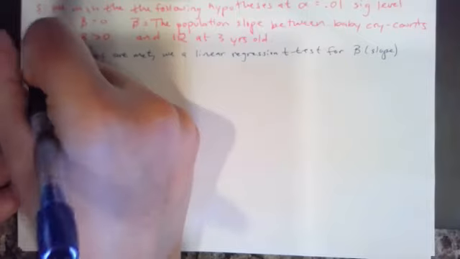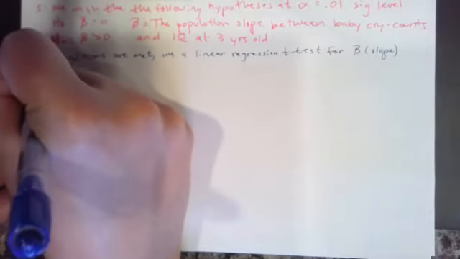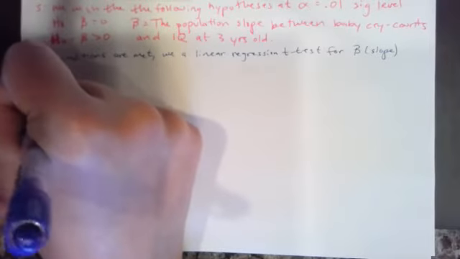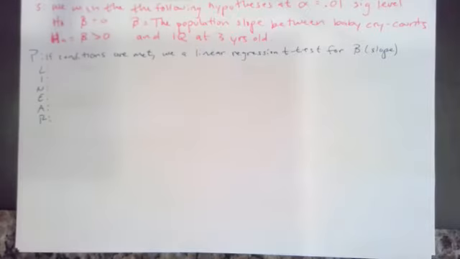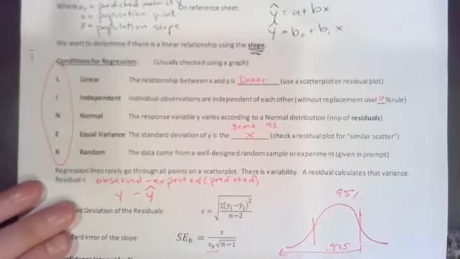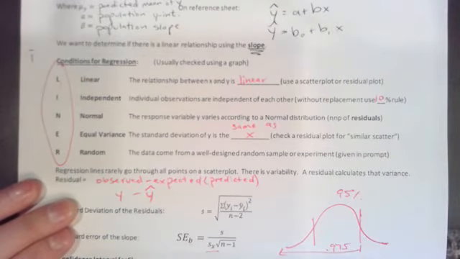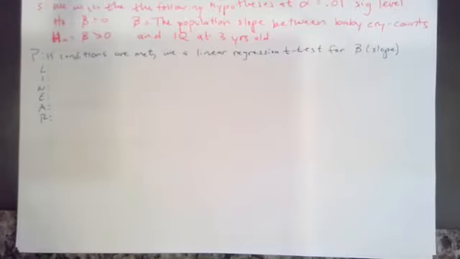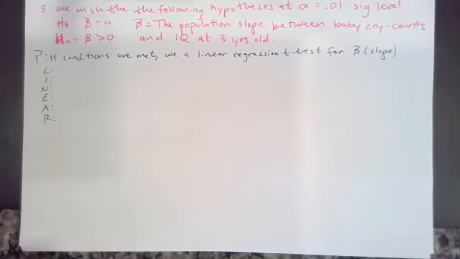So our conditions, remember, are what we want to check every time. L stands for linear, I for independent, N for normal, E for equal variance, R for random. So keep that in mind as we go through this.